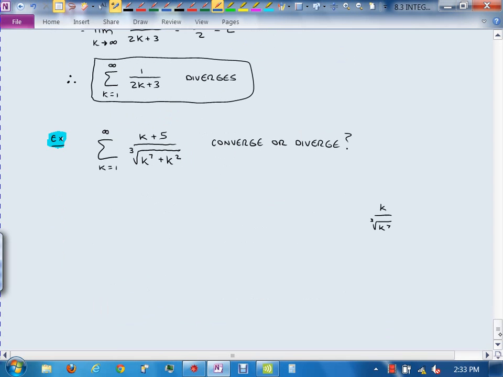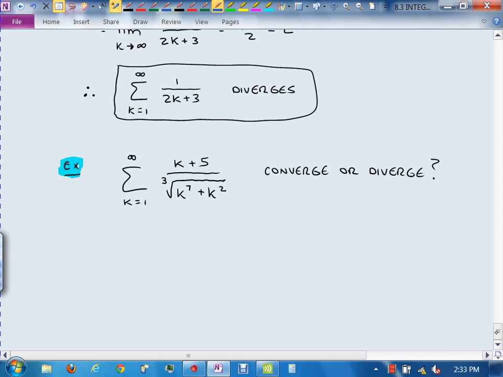Okay, let's look at this one. Find the sum, k equals 1 to infinity, of k plus 5 over the cube root of k to the 7th plus k squared.